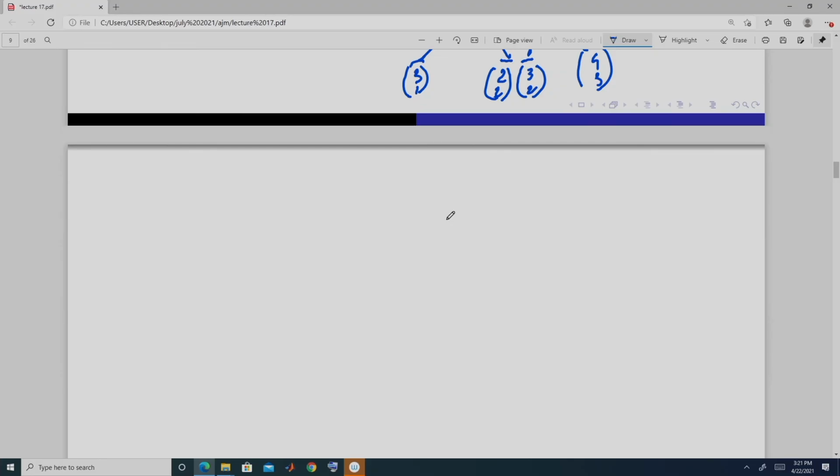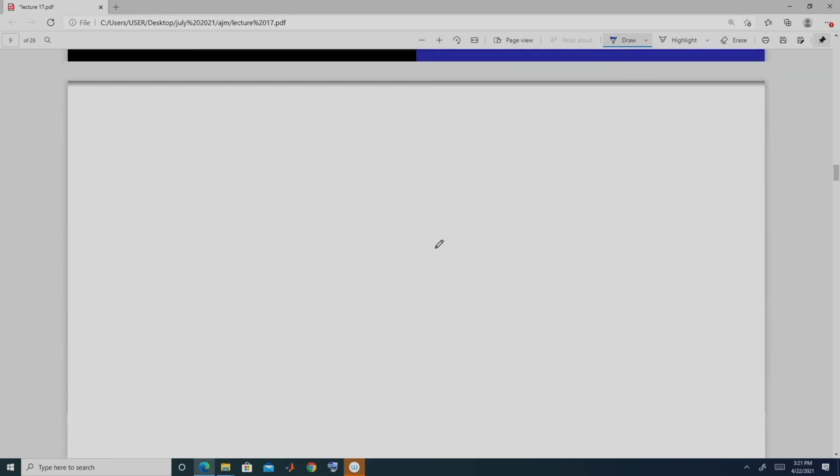So, let us do another example. Suppose player 1, player 2, again player 1. Okay. This is L, R, L dash, R dash, L double dash, R double dash.